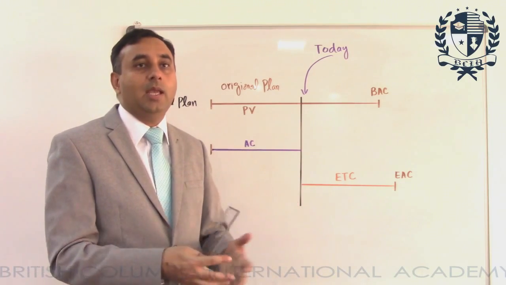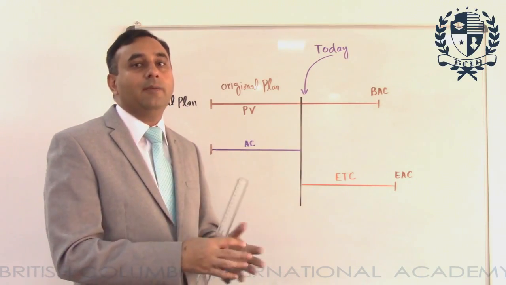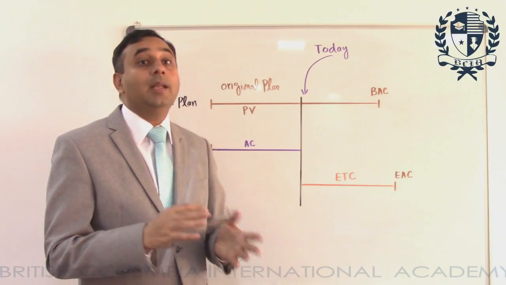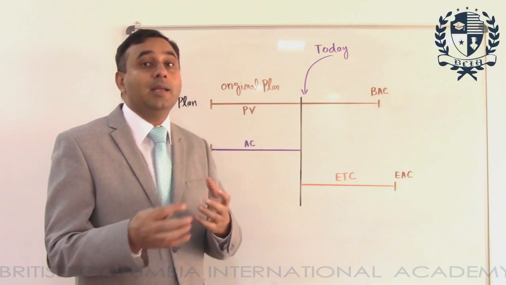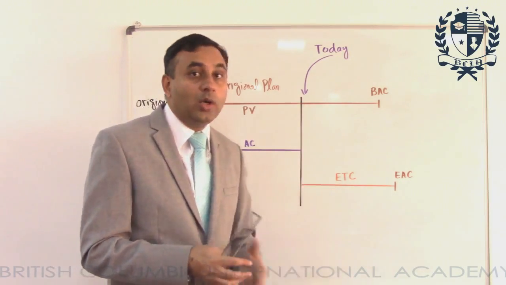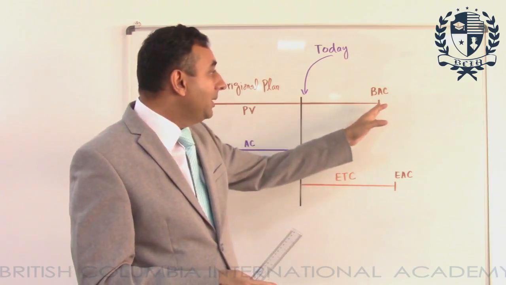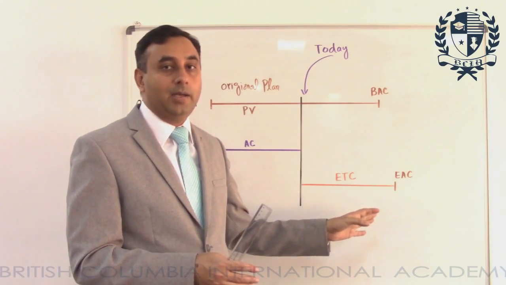We have the same amount of scope, and enough money to complete that scope. But in the other case, if the remaining amount is less, and estimate to completion shows that we need an additional amount, it means our budget at completion is not valid anymore.